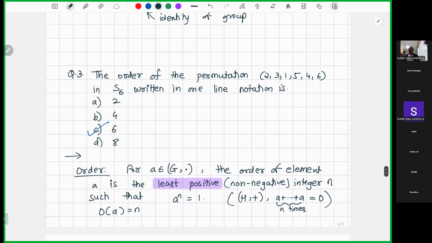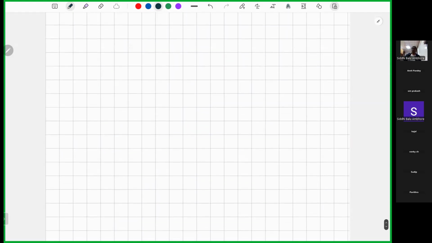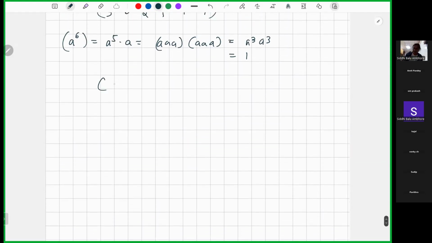It's definitely not 8. Now, how do you write one notation in long form? From cycle to long form. For example, if I have this cycle, let me write 5, 4, 3, 2, 1.